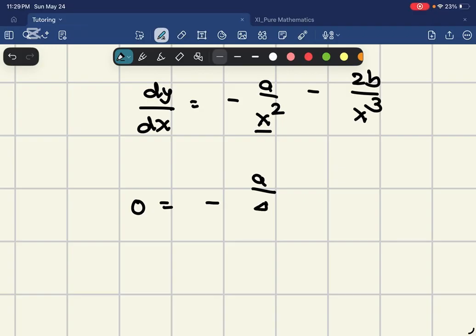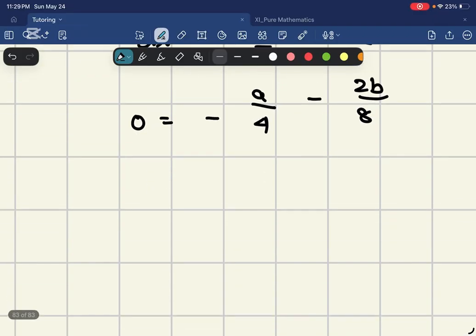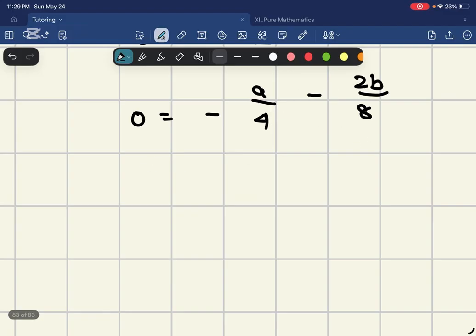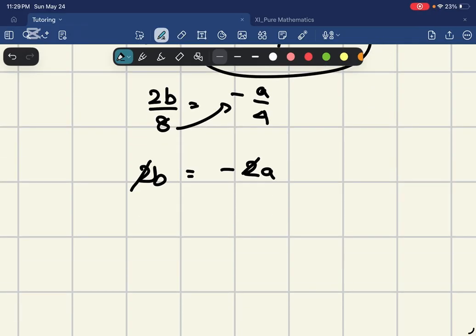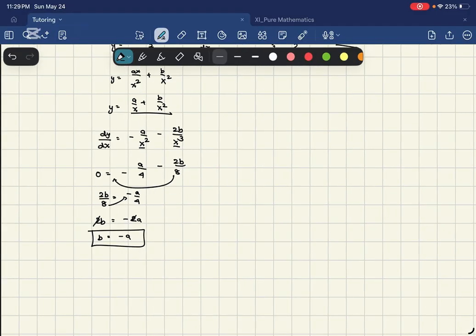So 2 squared is 4 minus 2b, 2 cubed is 8. And I can simplify this, right? I can write it as 2b over 8. I send this to my left-hand side. I get negative a over 4. 2b is minus 2a if I multiply by 8 on both sides. And finally, I am going to get b is equal to negative a. That is my equation 1.